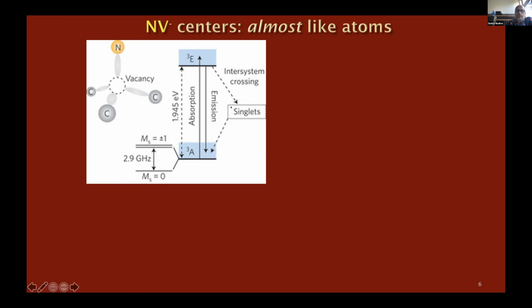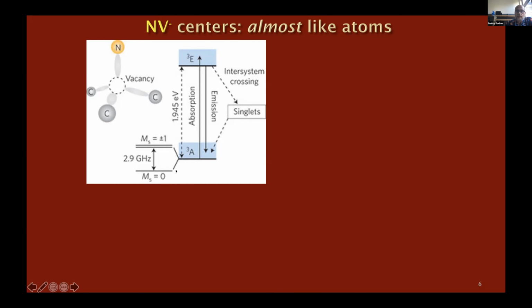And because this intersystem crossing shown here depends on the spin projection, it's a spin-dependent process. It can also be used to probe what kind of spin state your center is in.